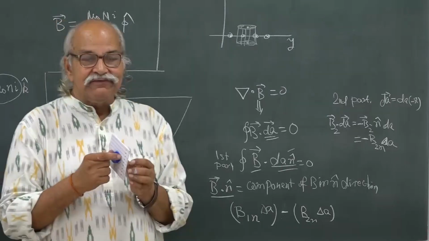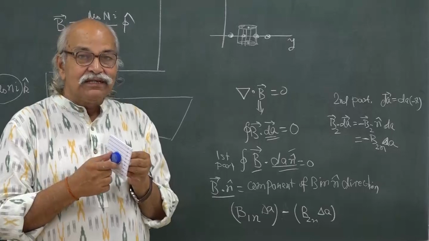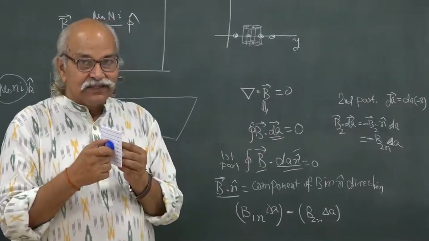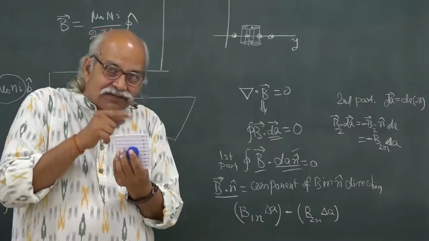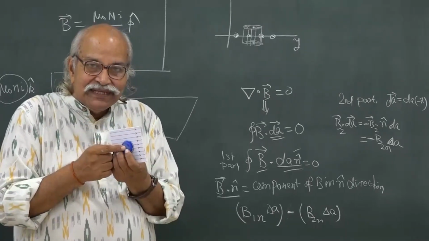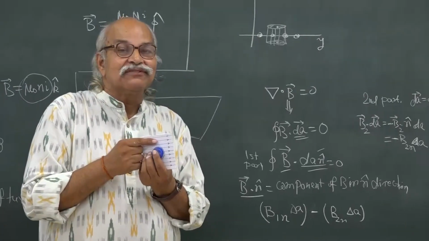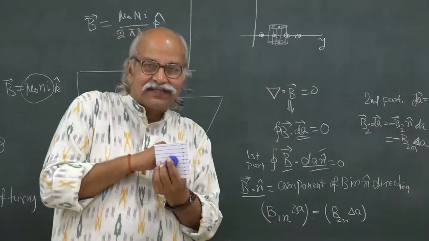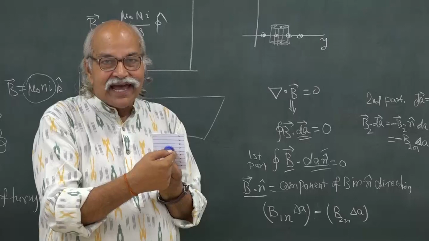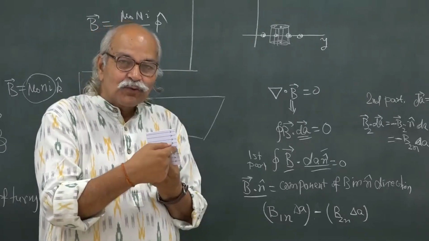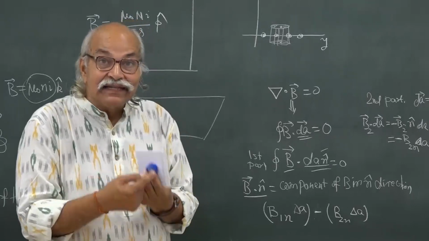Okay. And then we have the curved surface. So, what is the B dot dA here? Since I am talking of just one side and just the other side, this point P is taken very close to the surface, just outside, just the other side, and therefore, this height is negligible.